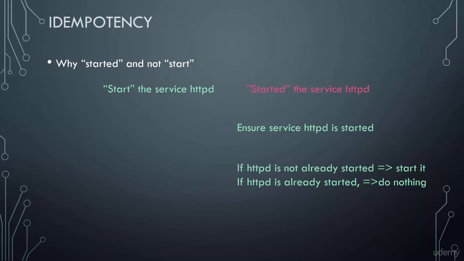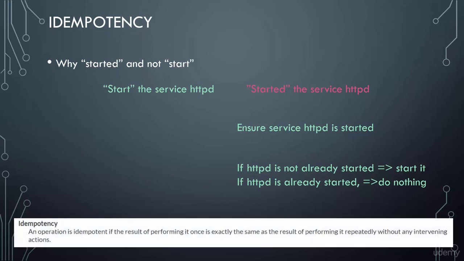This is called idempotency. As per the Ansible documentation, an operation is idempotent if the result of performing it once is exactly the same as the result of performing it repeatedly without intervening actions. Thus, started, stopped, and restarted actions instruct Ansible to ensure the state of the service.